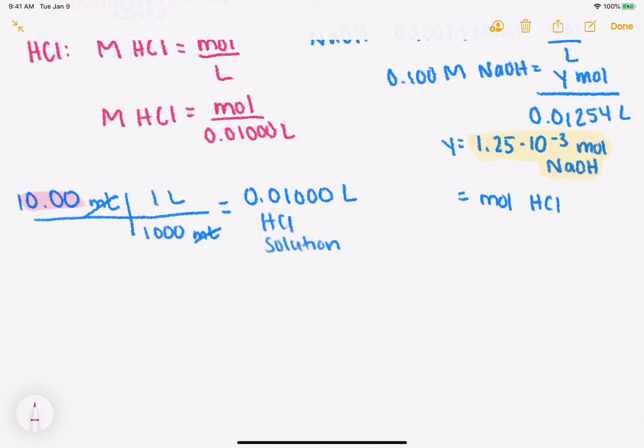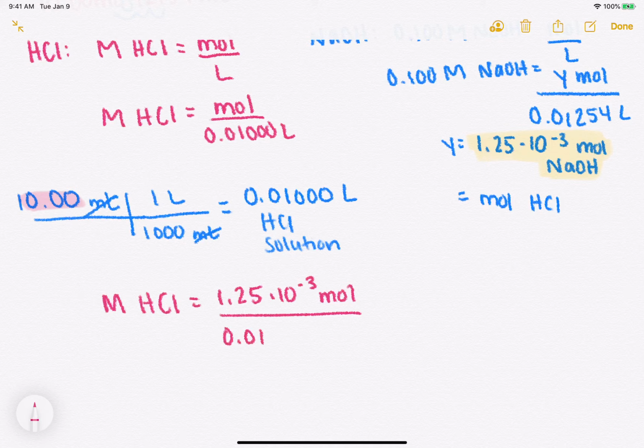Because now the molarity concentration of HCl is going to be equal to 1.25 times 10 to the negative 3 moles divided by 0.01000 liters of HCl. And that will give us a molarity of 0.125 molar HCl.